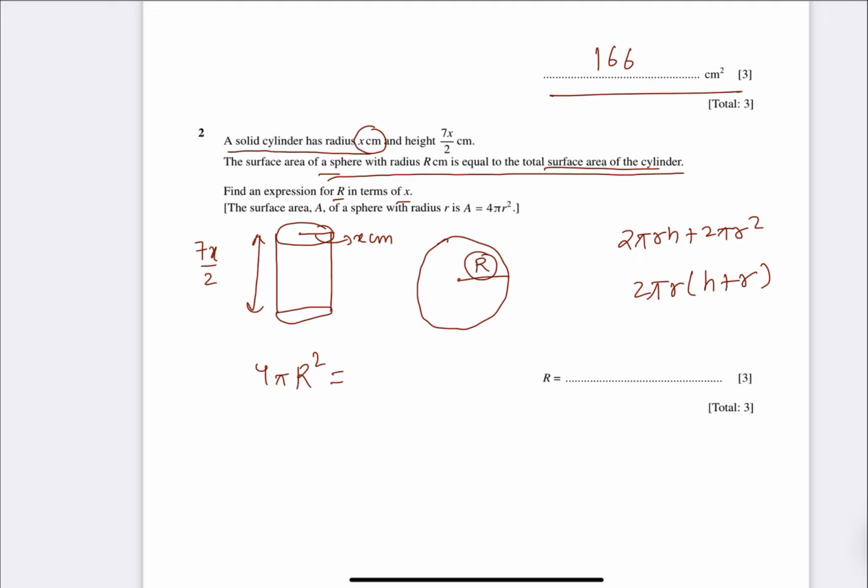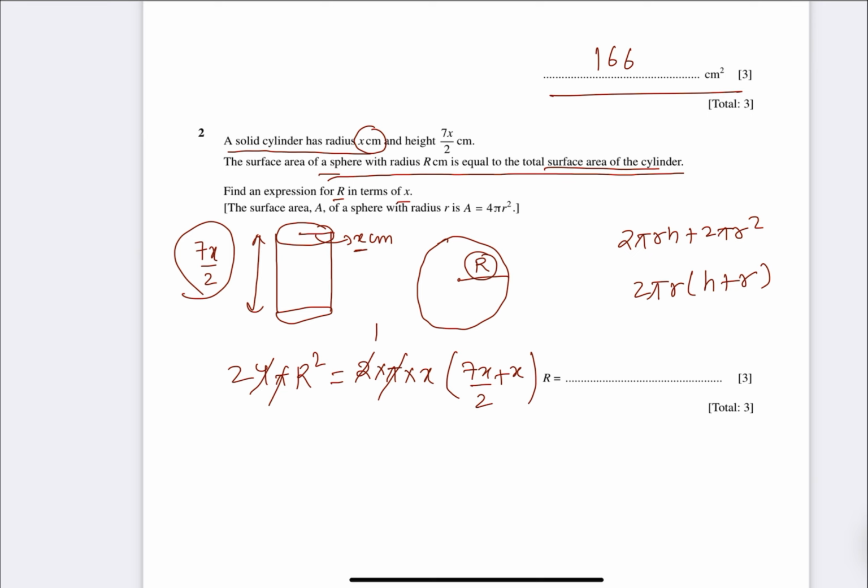So it equals 2 times pi times radius, that is x. See, the radius is x. Bracket height, that is 7x by 2, plus radius, that is x. Pi will be cancelled, and 2 times 1, 2 times 2.